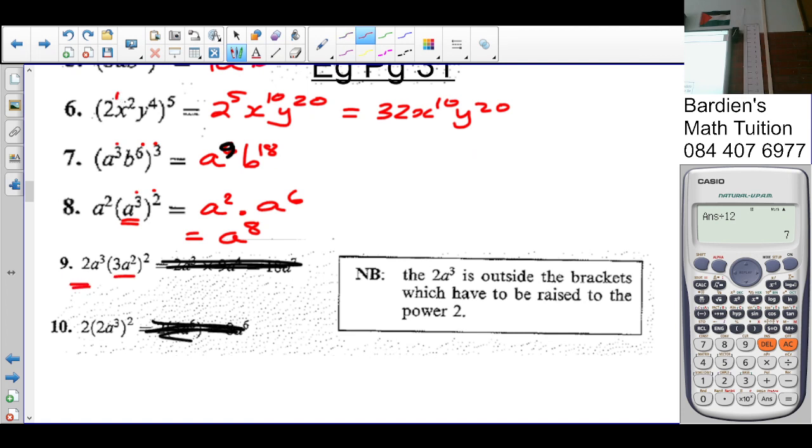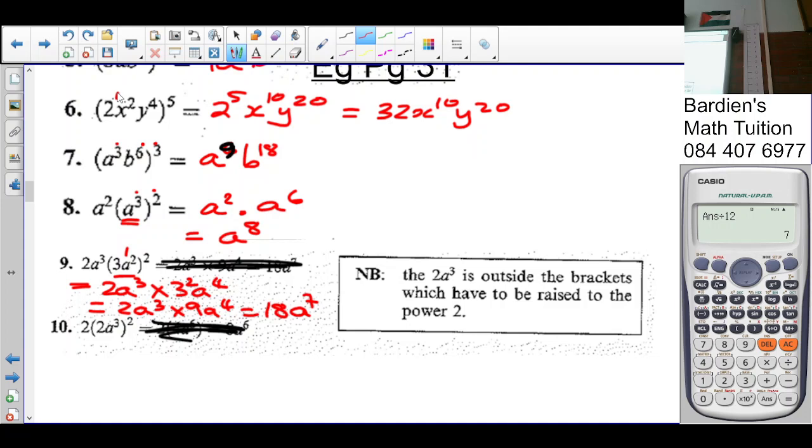So, the brackets first. So it's 2a cubed times 3 squared. What is 3 squared? 9a to the 4. 2 times 9 is 18. a cubed times a to the 4, a to the 7.